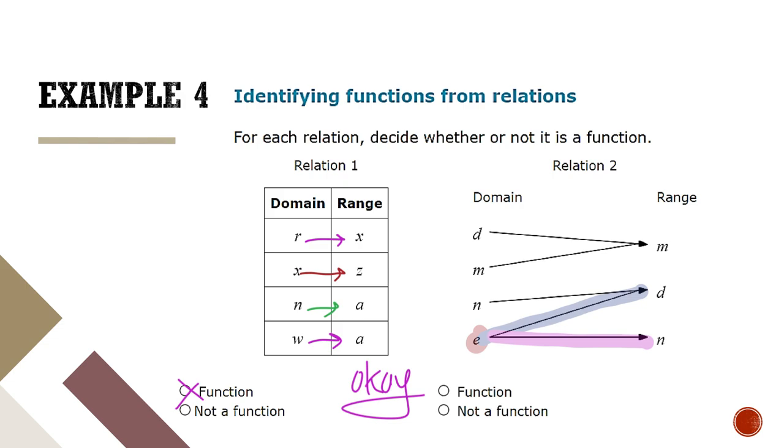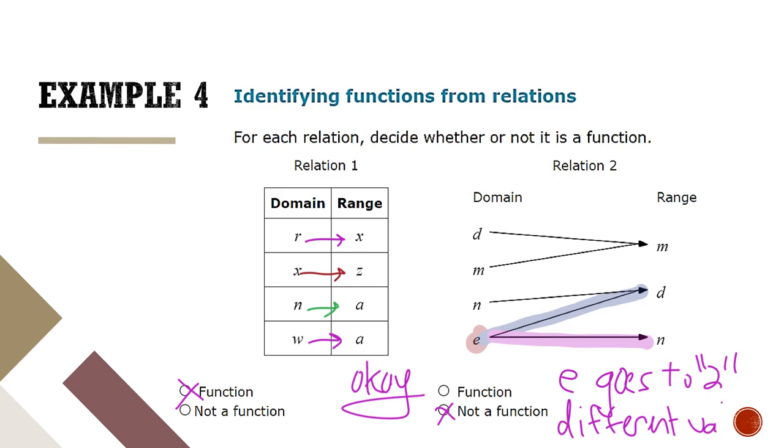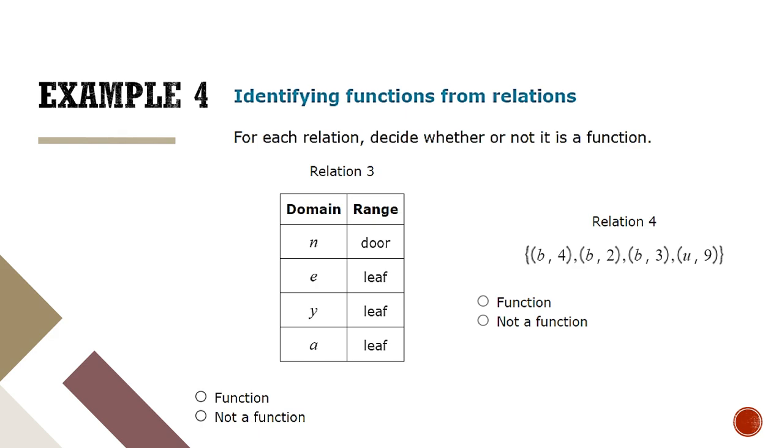That is not a function because E goes to two different values, and that is something that's not okay in a function. And we're going to show this as a demonstration with a vertical line test, if you've ever heard of that before. So continuing that, just two more relations here.